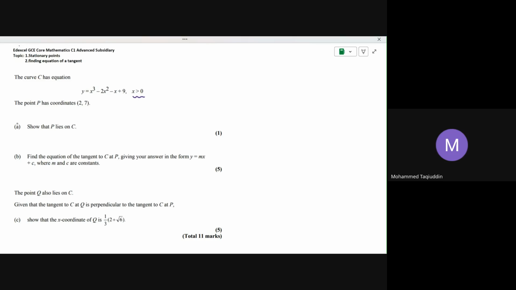This is a general question. How would you prove if this point P lies on this curve? It should satisfy the equation, right? I won't use any calculus in this. Instead, I'll just substitute the value of x, that is x equals 2, and I'm expecting y as 7.